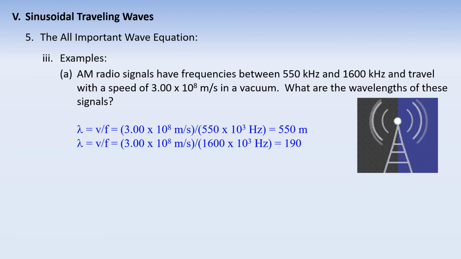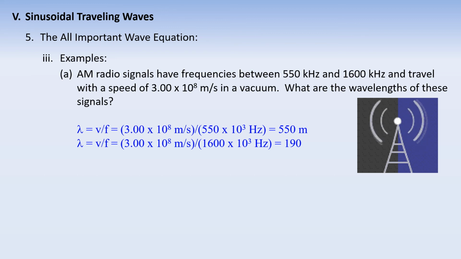Later on in the course, when we talk about diffraction, we'll see why AM radio signals, because of their long wavelengths, can diffract or bend around mountain ranges much better than shorter FM waves can. The other thing to note here is this inverse relationship between wavelength and frequency.